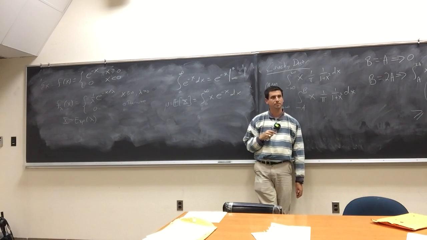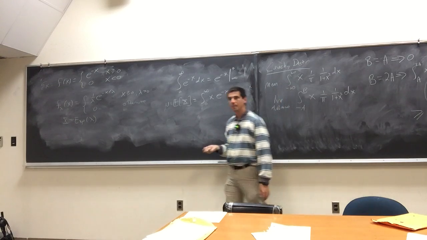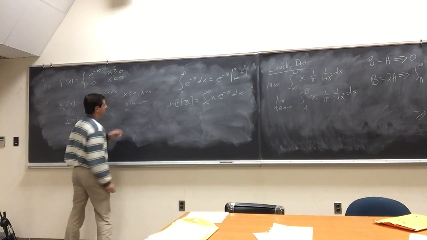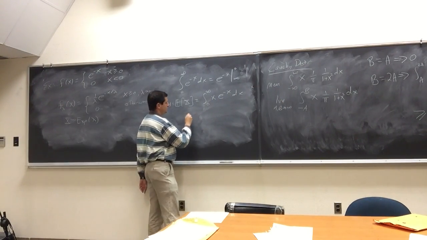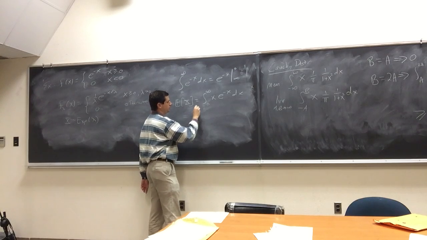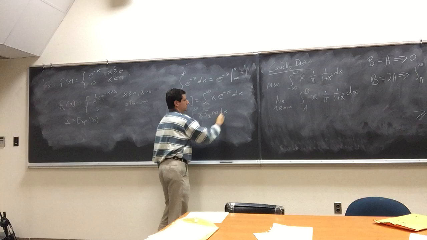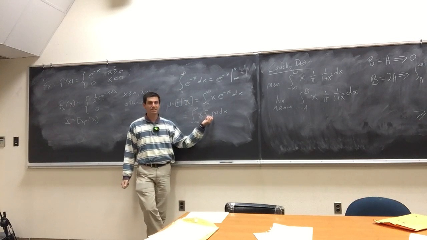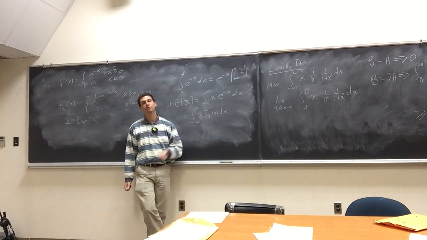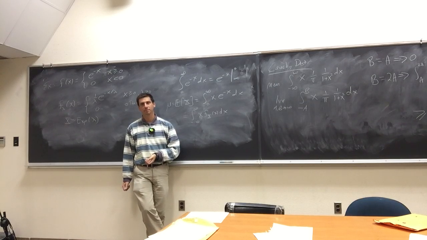Because we know the function is 0 for all x less than 0. The function is 0, right. So if I really wanted to go back to the definition, I integrate from minus infinity to infinity x, the density of x dx. Well, this density is 0 whenever x is negative. So I can just write the integral from 0 to infinity and save some time.